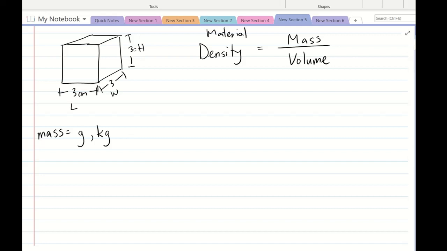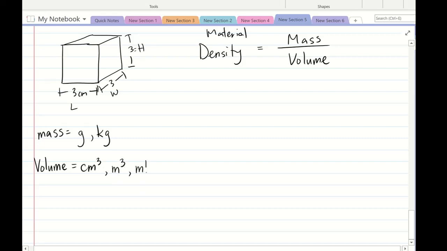Whereas the units for volume are either cubic centimeters or cubic meters, or milliliters, and I'll talk more about that in a second, or liters. These are the usual ones we look at when we talk about volumes of materials.